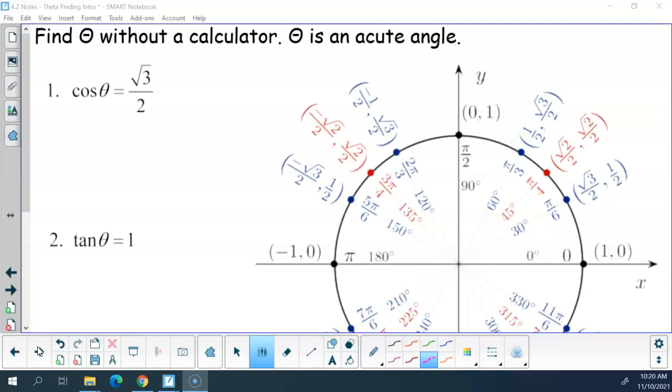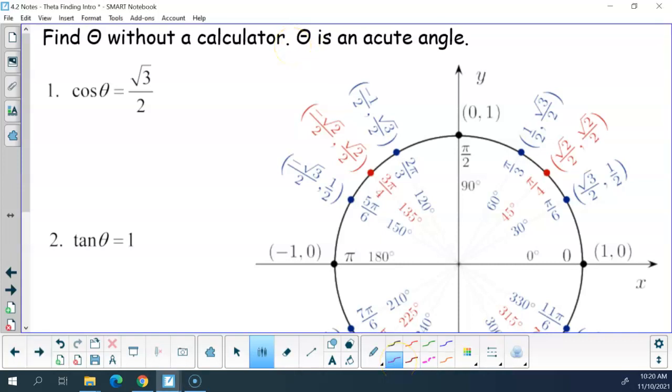So you definitely want to have your unit circles out now in place of your pink sheets. You don't need the pink sheet. So, for now, we are going to restrict theta to an acute angle.